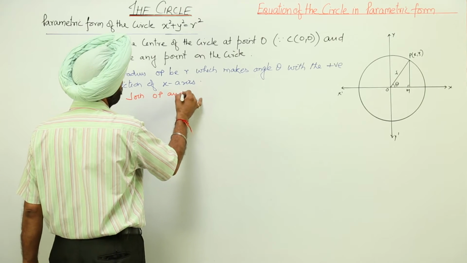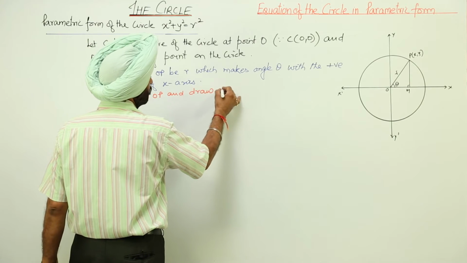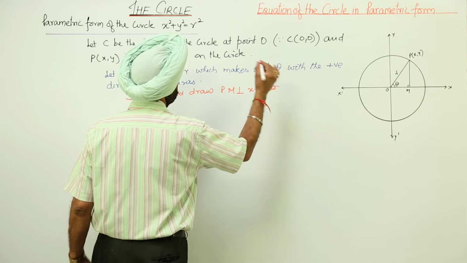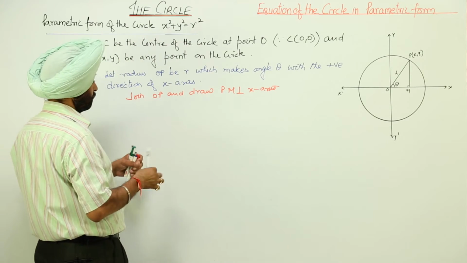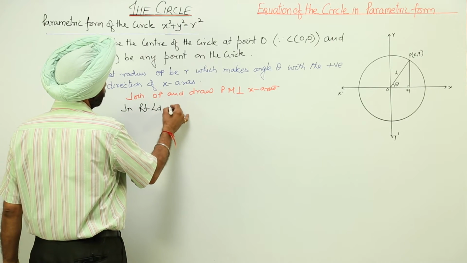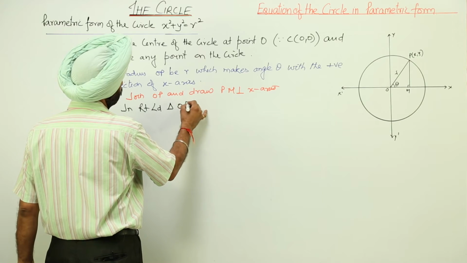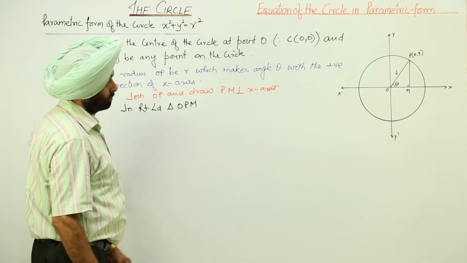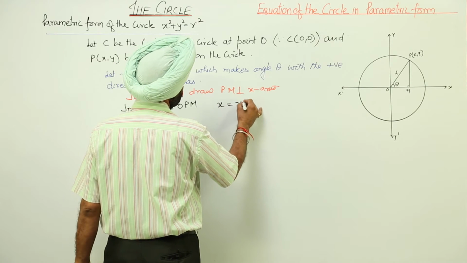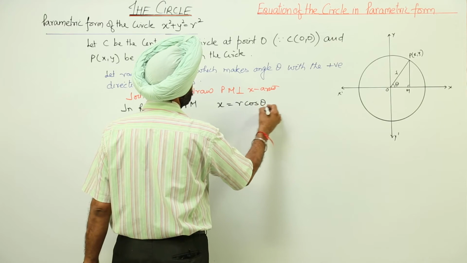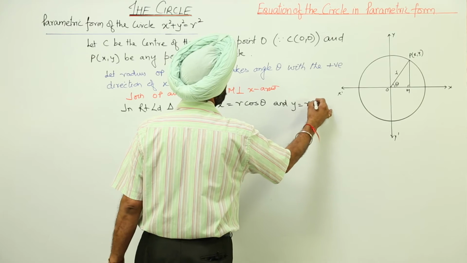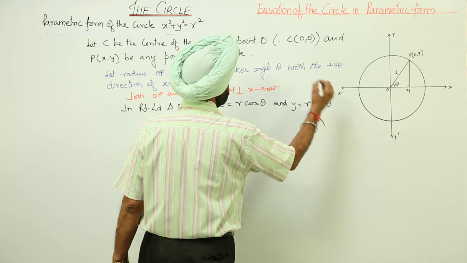Now, join OP and draw PM perpendicular to x axis. In right angle triangle OPM, x is equal to r cos theta and y is equal to r sin theta.